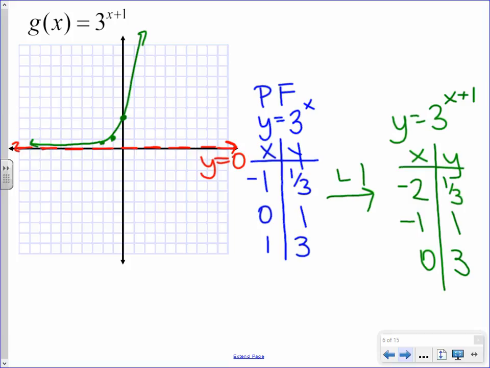Now, some of you are going to draw each of these, or some of you are going to write each of these XY charts. Some of you are going to think about this in your head and then write this one down. I don't really care what works best for you, okay? But I do need to at least see this XY chart so I know what coordinates these are, okay? And this is something we're doing without a calculator, okay?